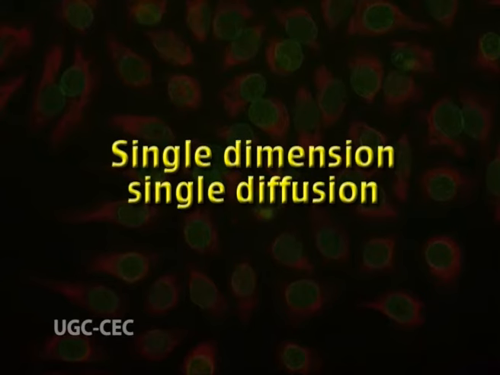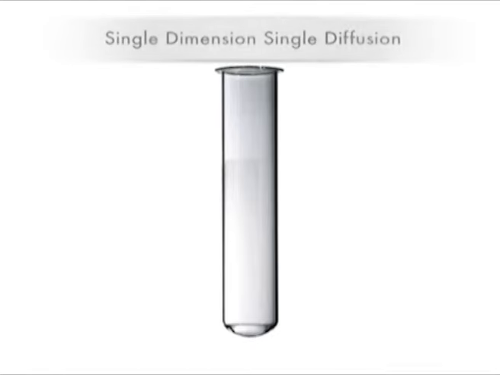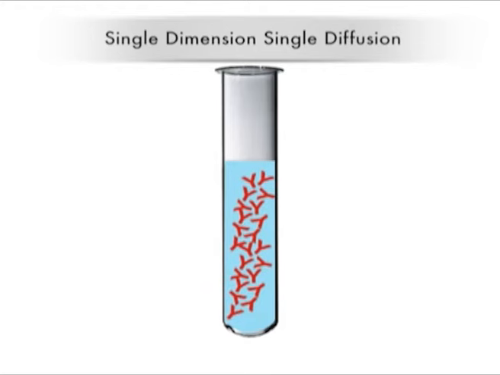Single dimension single diffusion. Antigens and antibodies are allowed to react in agarose gels in a test tube. Antibodies or antiserum is incorporated in the agarose gel and placed in a test tube. The antigen suspension is poured on the top of the test tube.